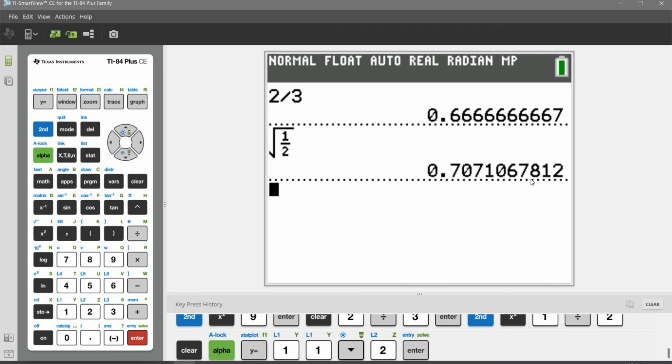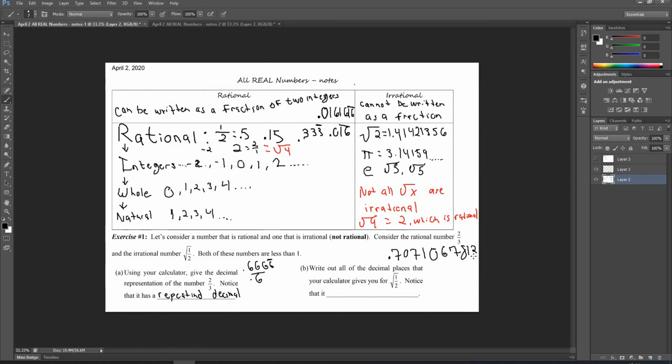There's no repetition to it. So I'm going to write 0.70. All these numbers are going to keep going and going, but it will never repeat. I'm not going to say never repeats, I'm going to say it doesn't repeat forever. Because there might be some repetition somewhere, but it's not continuous. It doesn't keep going forever.